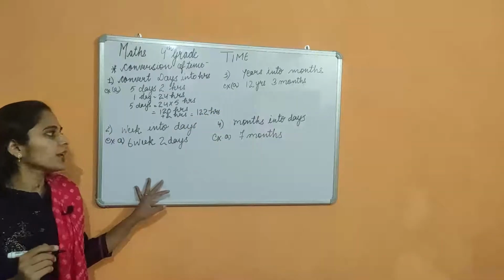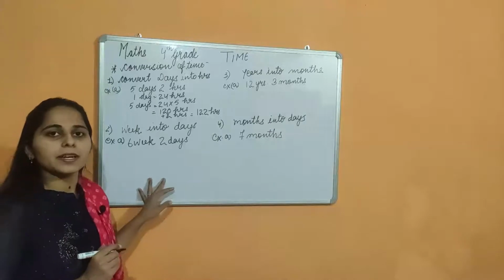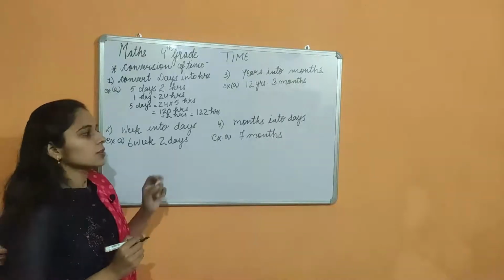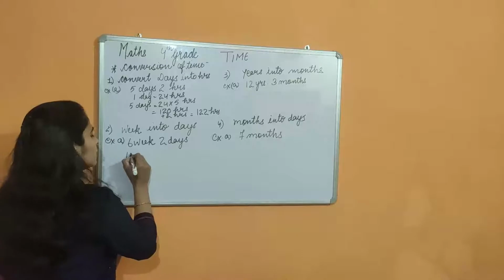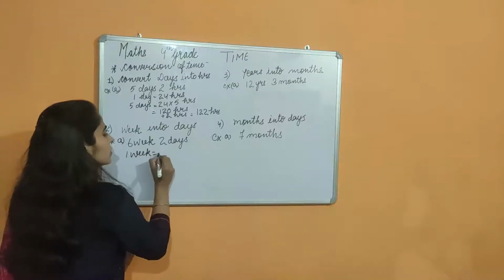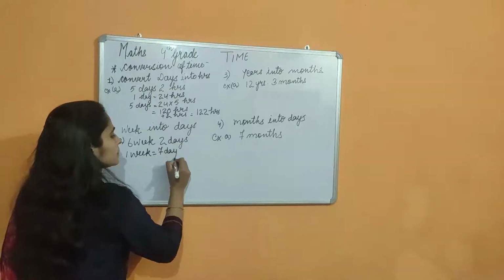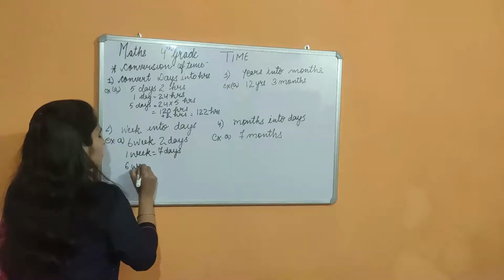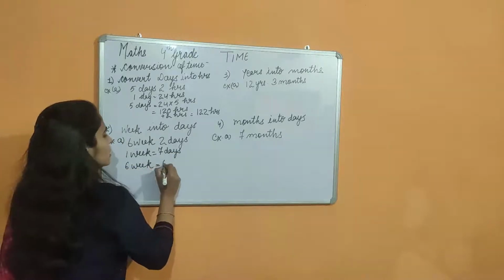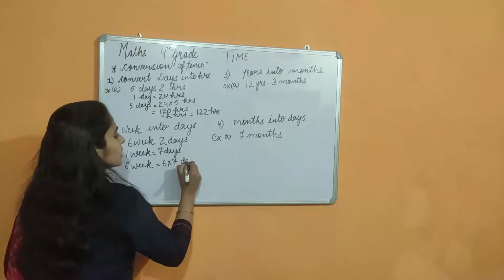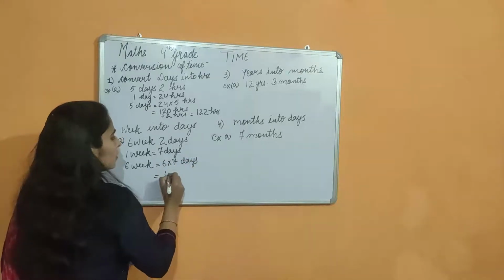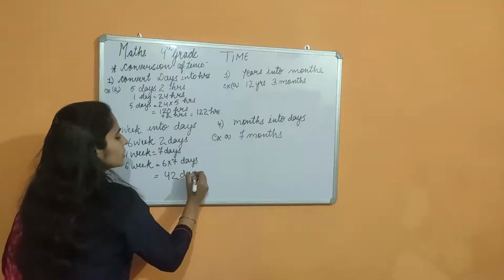Okay. Now weeks into days. 1 week is equal to how many days? 7 days. So 6 weeks and 2 days will equal, first of all, 1 week is equal to 7 days. So 6 weeks is equal to 6 multiply 7 days, that is 42. And also 2 days are given with this.